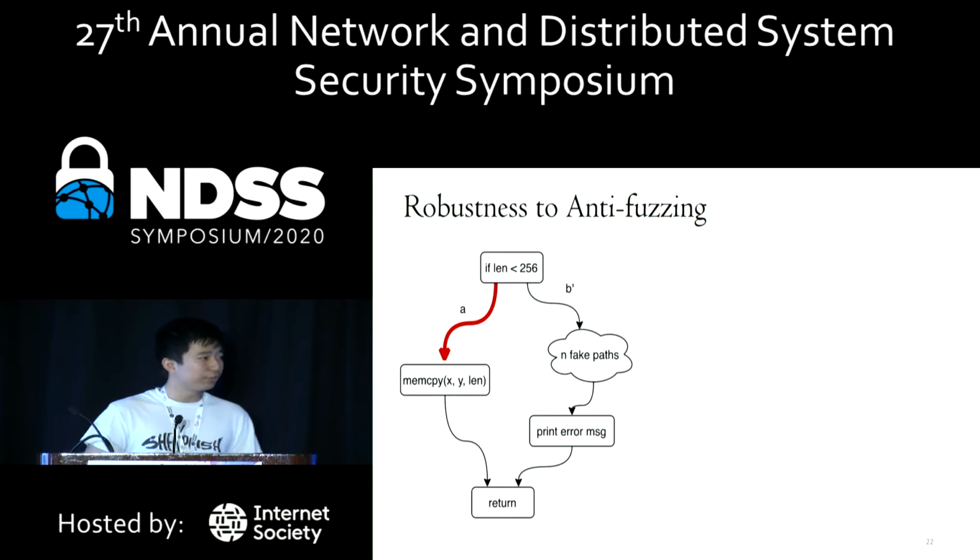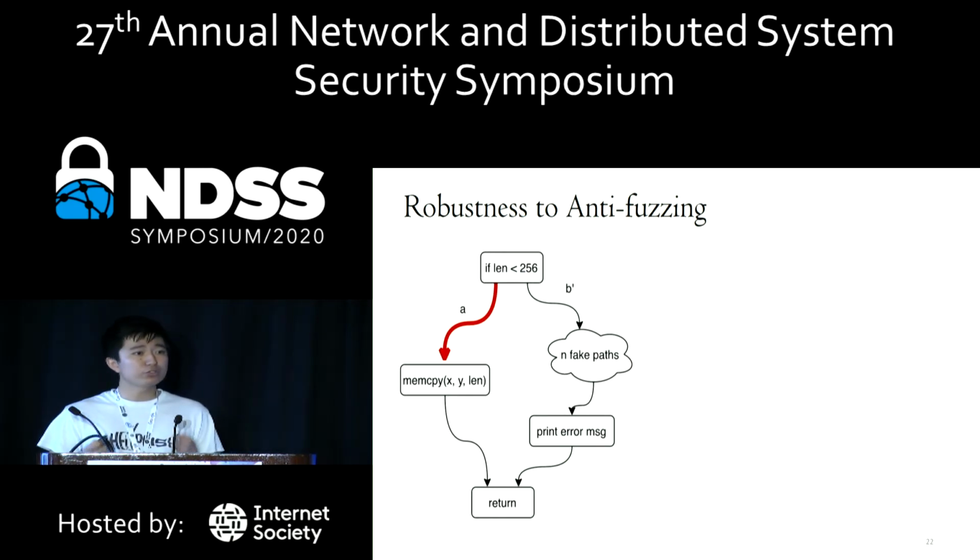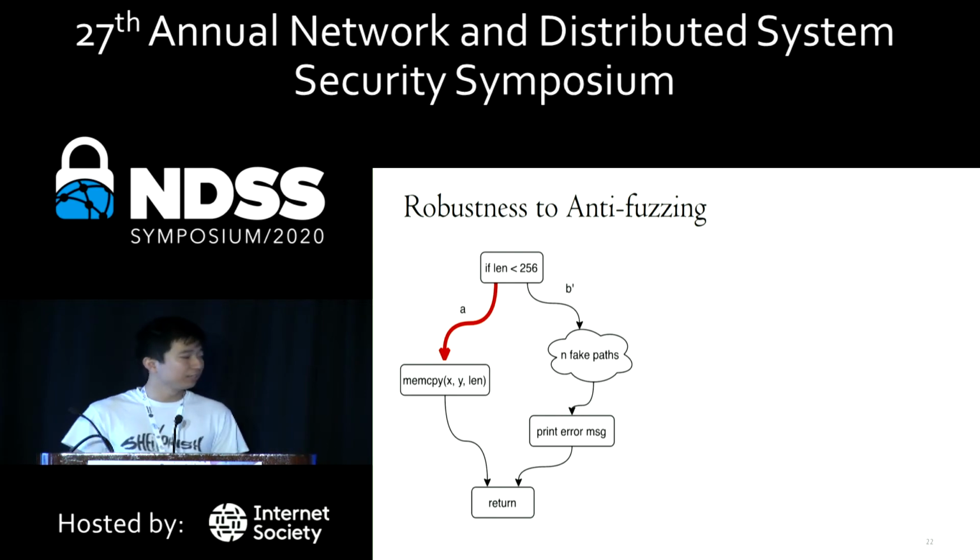But with coverage accounting, we're going to prioritize inputs that are security sensitive. And all those fake paths actually contain only a few metrics, so they're going to be deprioritized. And it actually does not affect the performance of coverage accounting much.